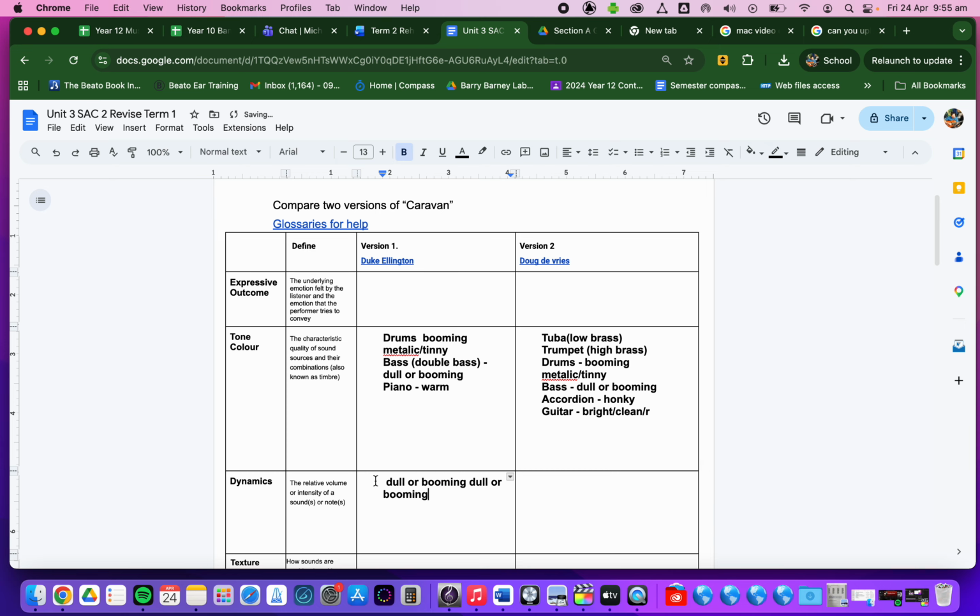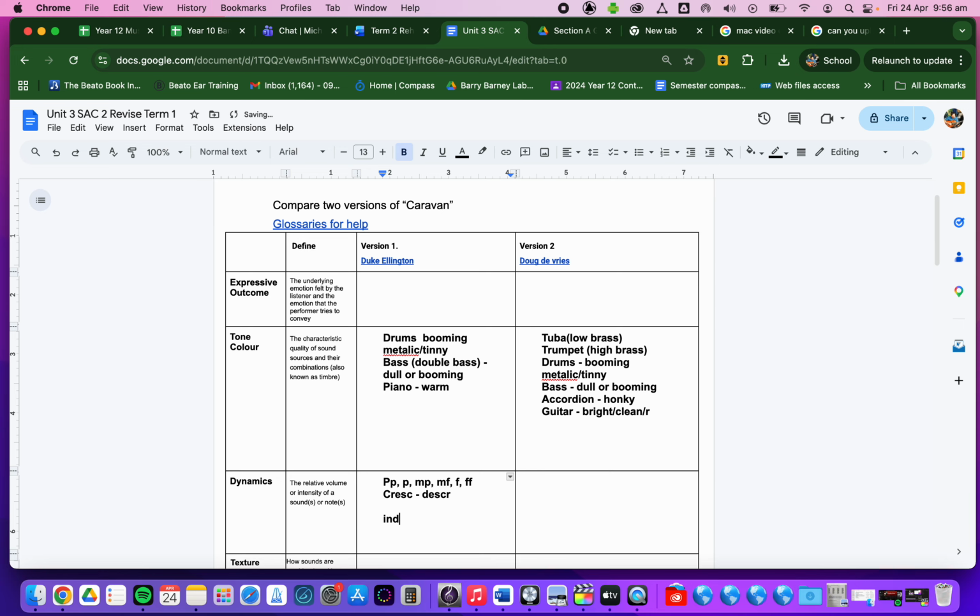If we've got those, that is a strong foundation. And then we've got crescendo, which means getting louder, and decrescendo, which means getting softer. They are the fundamentals of dynamics, and they can help us describe individual instruments, sections of instruments, or the whole sound.